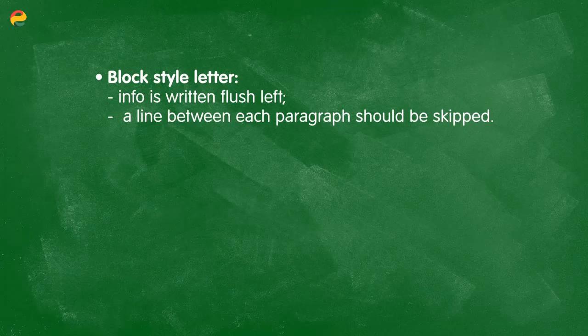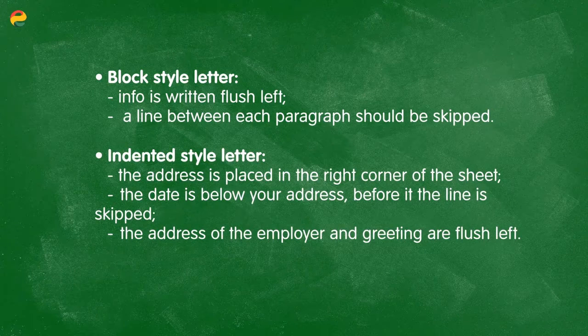In a letter of the indented type, the address is placed in the right corner of the sheet. The date will be posted below your address before the line is skipped. The greeting to your employer and the address of your employer will be flushed left. However, all of the paragraphs will be indented.